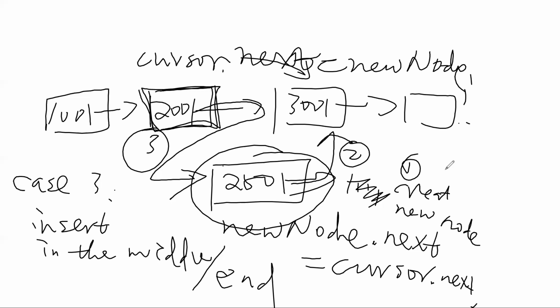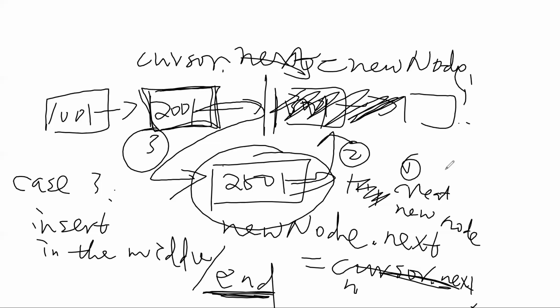And this also applies to inserting at the very end. At the very end, you see, this is just a null. So new node's next gets cursor's next, which is basically just a null. The cursor's next is still null, so this is okay.